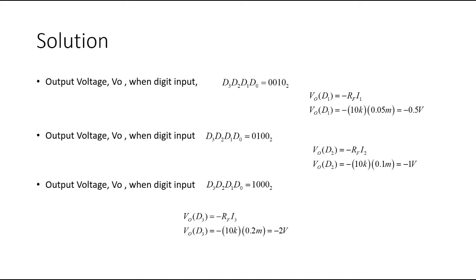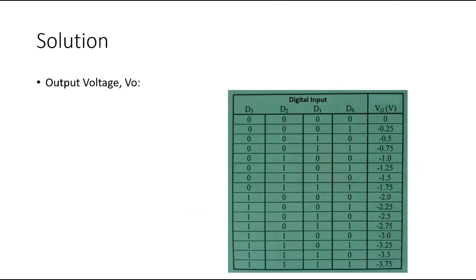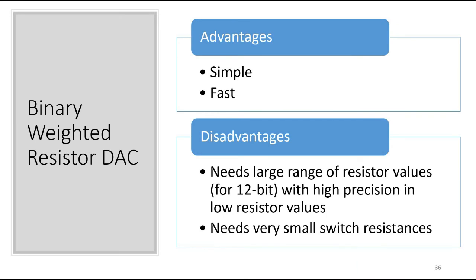And when the digital input is 0100, we will get minus 1. Until 1000 we will get minus 2. So we can plot these tables for digital inputs in binary weight from 0000 to 1111 as the digital inputs, and V out is the analog output.